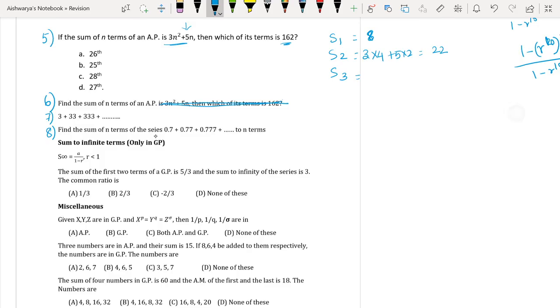So that means your T2 will be 22 minus 8, 14. Now your D value will be 14 minus 8, which is 6. So now that you have D value and A value, you can find the nth term, which is 162. 162 is nothing but A plus n minus 1 into D, which is 8 plus n minus 1 into 6.